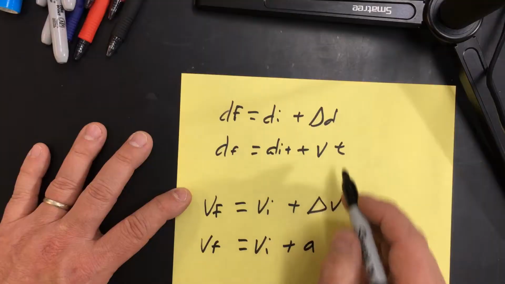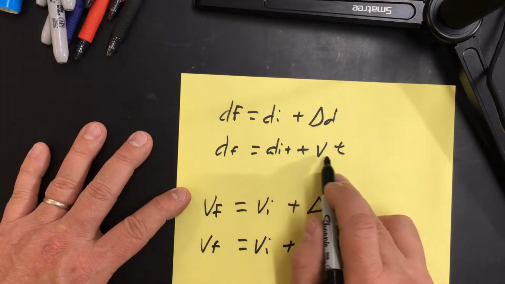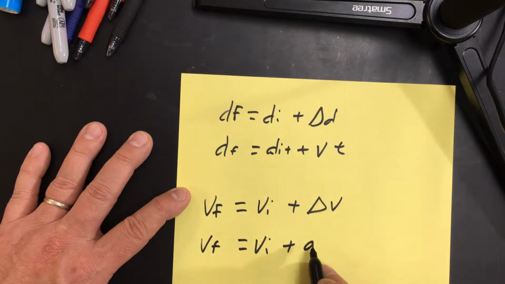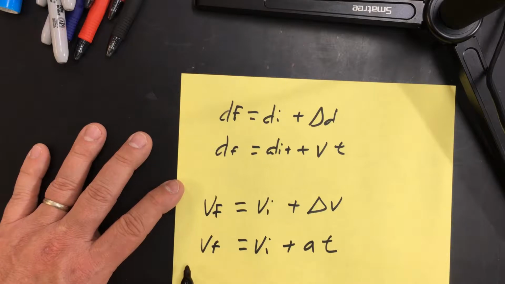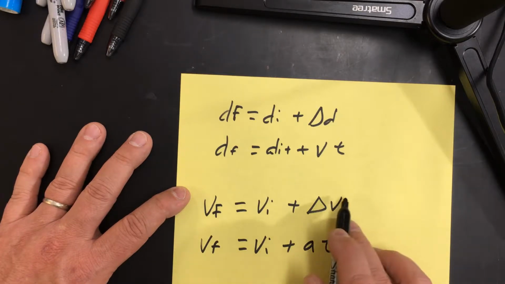And just like we say the rate at which position changes times time, it's the rate at which velocity changes times time. So the final velocity is equal to the initial velocity plus acceleration, the rate at which velocity changes, times time.